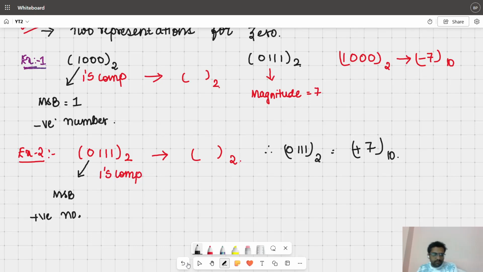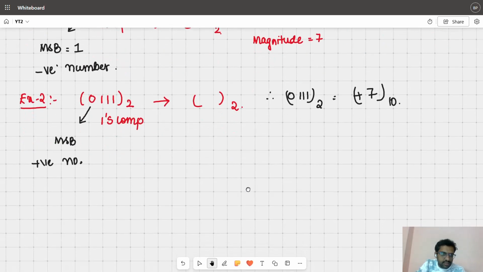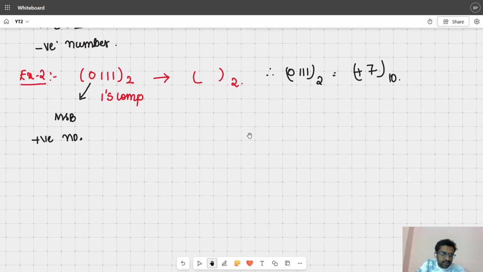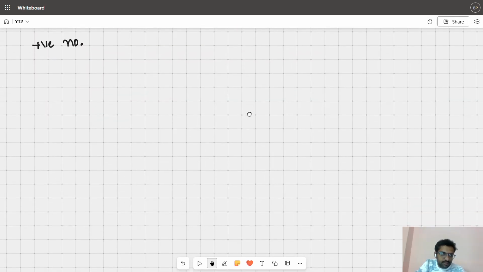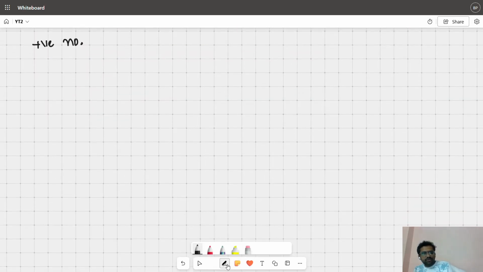So now, in the last discussion we discussed the range. Okay, so for n bit representation, what is the range?